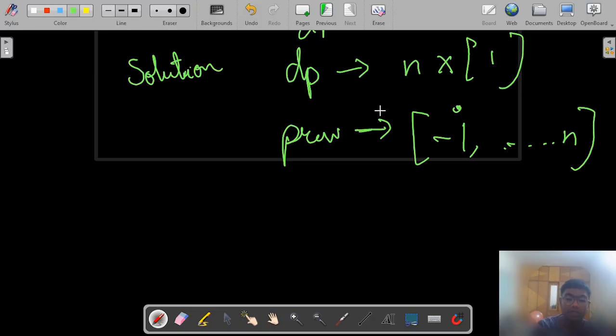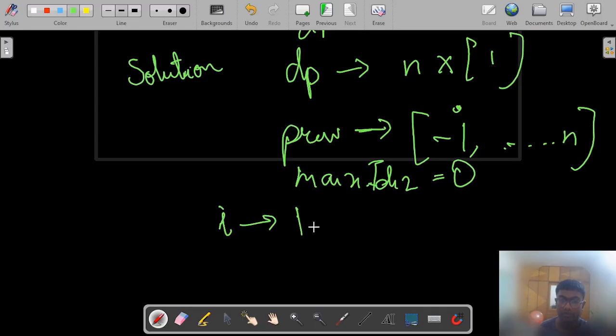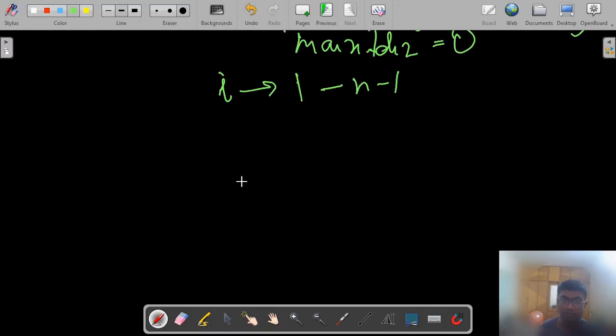Similarly, to populate these values, initially we start off with the max index 0. So now for the calculation part, we start with i, which ranges from 1 to n minus 1, and we have a nested for loop which goes from 0 to i minus 1.